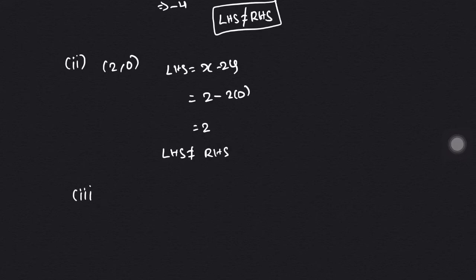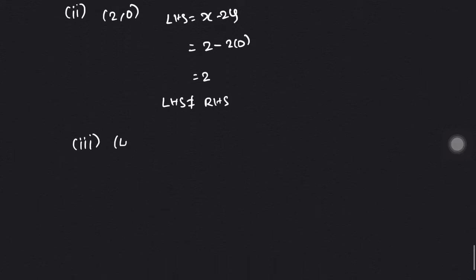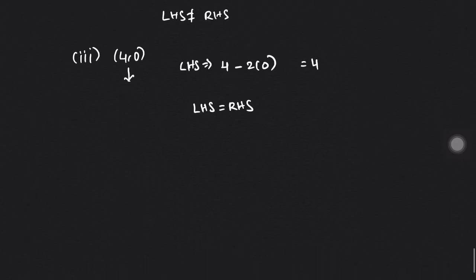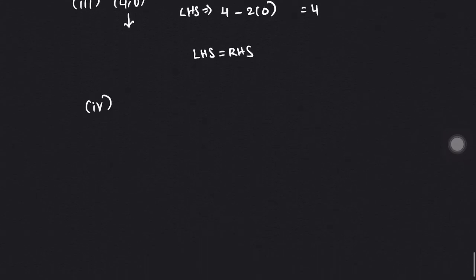Then the third one, (4, 0). Substitute the values: 4 minus 2 into 0, so 4 only. In this case LHS is equal to RHS. So (4, 0) is a solution of the given linear equation. Fourth one, (root 2, 4 root 2). LHS equals x minus 2y, then substitute the values.